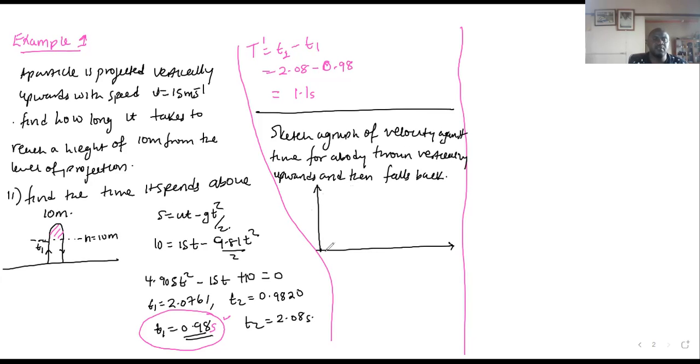So for velocity, if the particle is thrown with an initial velocity, then it will come to maximum height. Then it will return. On returning, the velocity will change direction.